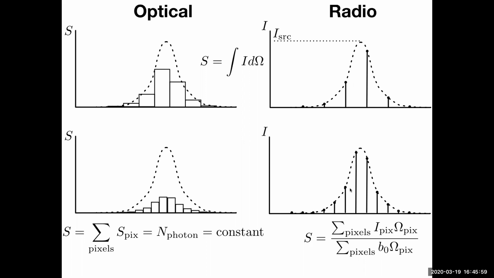And so you end up with a more complicated equation where you have the intensity in each pixel, times the area of the pixel on the sky, the solid angle, and then you have to normalize out by the synthesized beam to get the actual flux from the source, because the shape of your beam determines the shape of the response at each of the points, effectively.